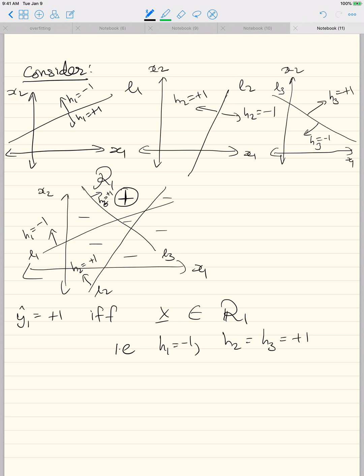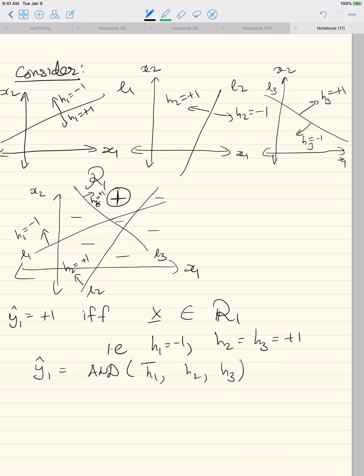So in other words, we can write y1 hat to be the AND of not h1, h2 and h3. If we had just implemented this decision rule, then we would have a label that would be plus only if x belongs to R1 and it would be minus everywhere else.